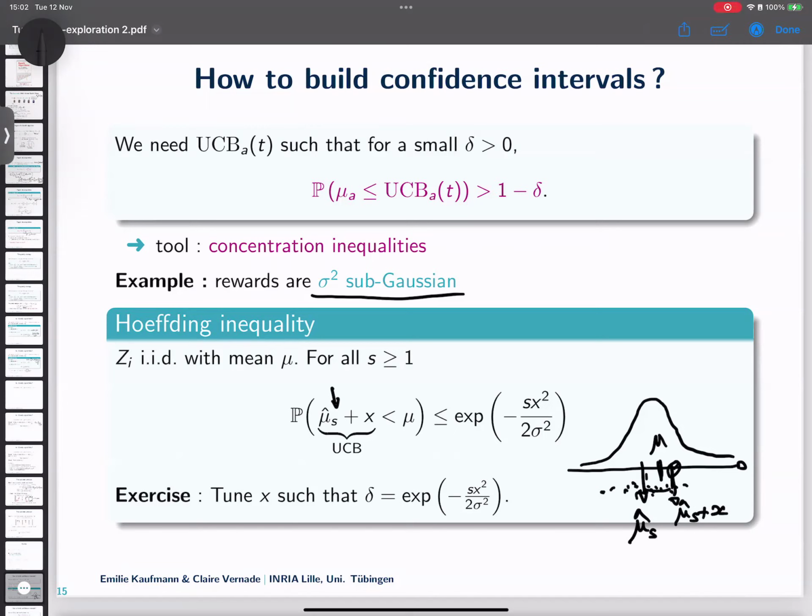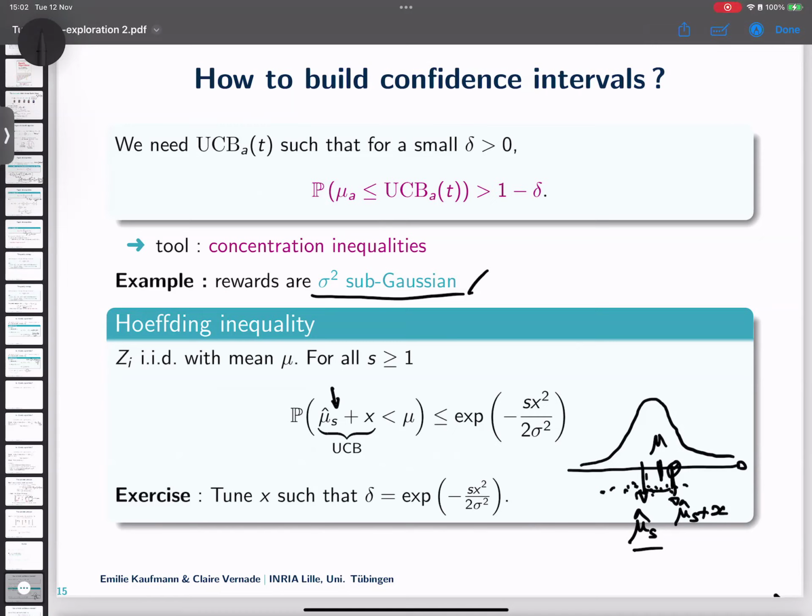The reason is that mu hat is going to be very, very close to mu very quickly. And this is true for all these distributions that behave well, like Gaussians. So that's the notion of concentration inequality, or deviations, that is very important for this whole optimism principle.